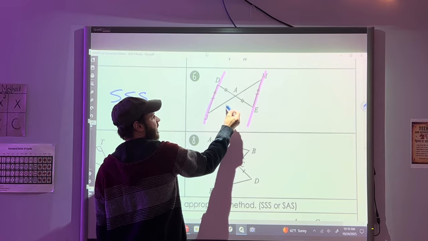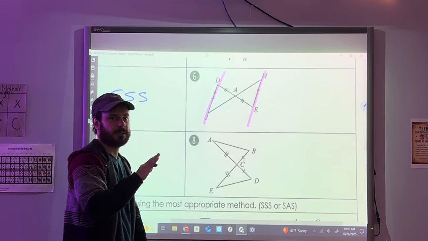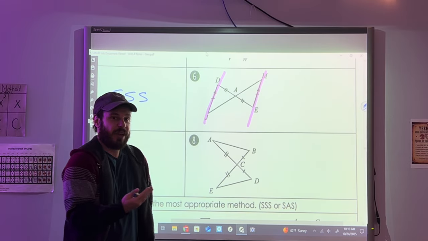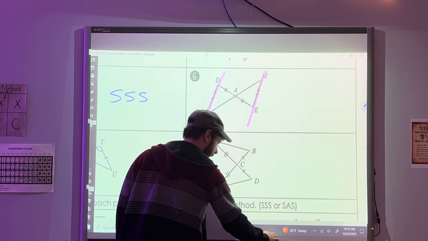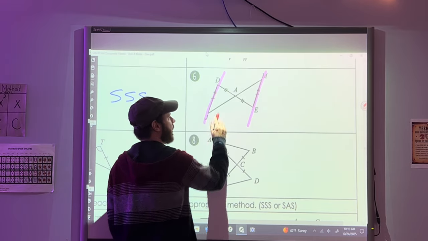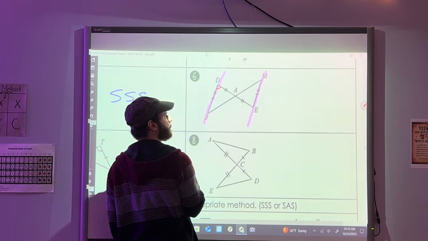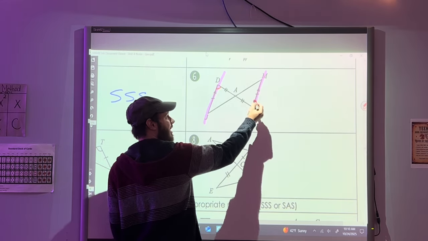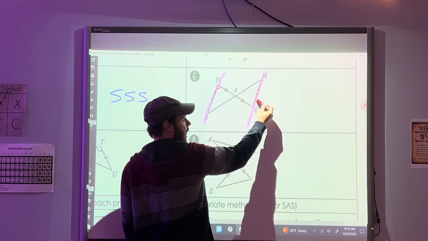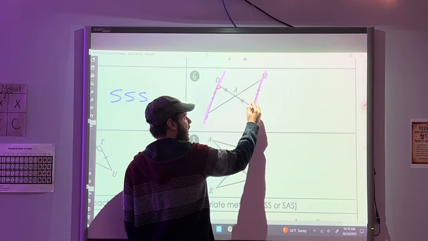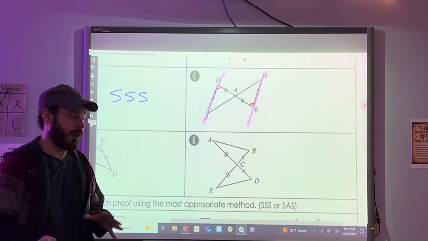I don't know anything about this side though, so it's not side, side, side. If it were to be SAS, there's only one place that angle could be where it would work, and it's between line 1 and 2. It would have to be here. Down in this triangle, it would be between 1 and 2. Where they meet up, it would have to be there if it were SAS.